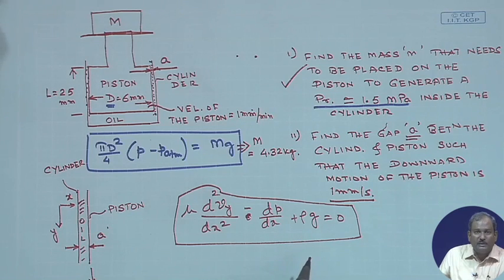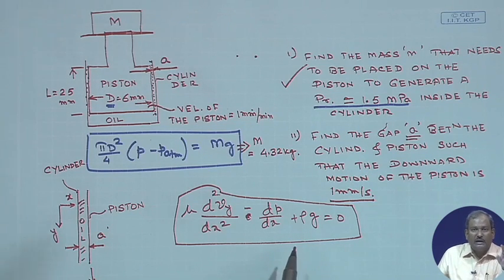This order of magnitude analysis tells you whether a specific term is very large as compared to the other terms, and which of the terms in the Navier-Stokes equation, even though present and non-zero, are so small in comparison to other terms that they can be neglected. There are certain cases which would be apparent, especially if you look into this problem. So, I have two terms. One is the pressure gradient term and the other is the rho g term.